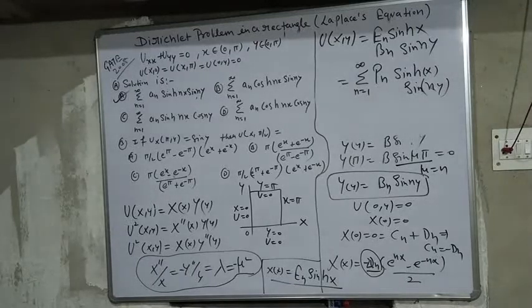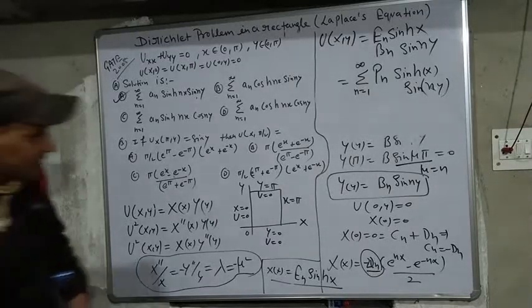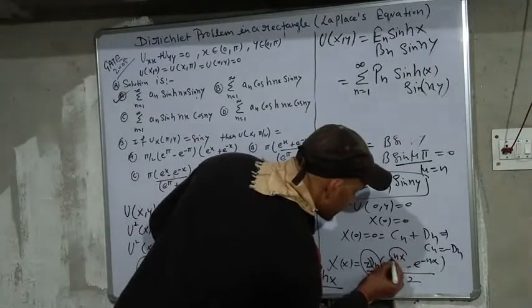Why is this sine hyperbolic nx? Maybe there is something wrong. We have written something wrong here. Yes, because this is e to the power nx, we forgot this.